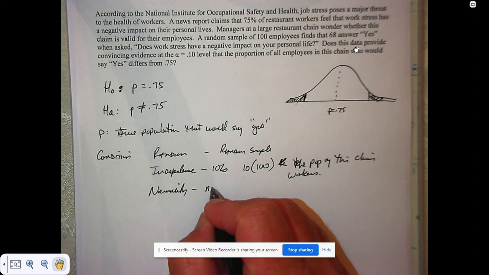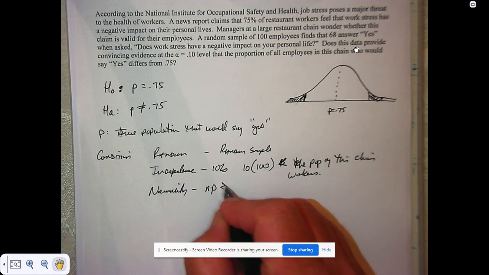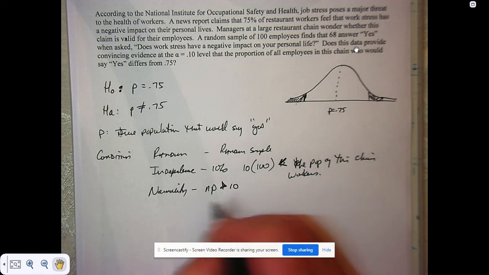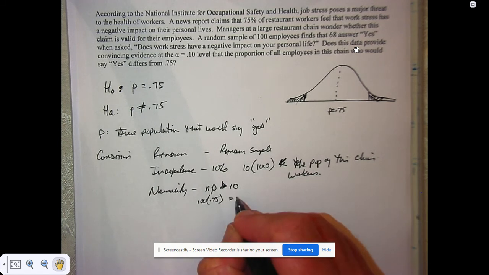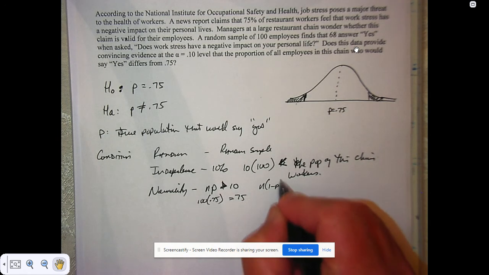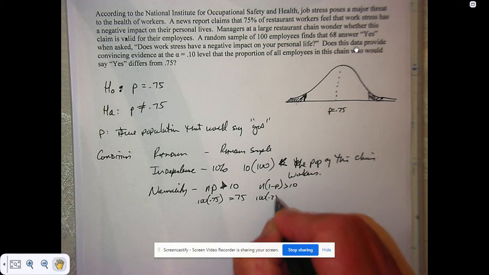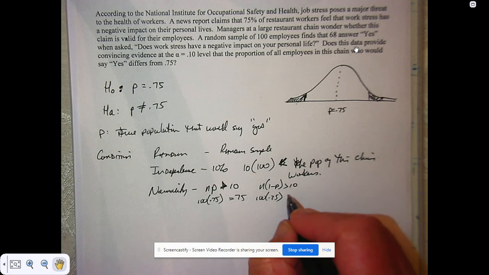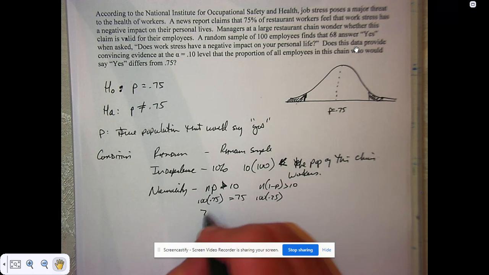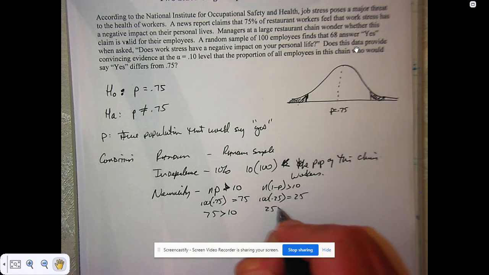Normality: sample size times the proportion has got to be greater than 10. Sample size is 100, proportion is 0.75, so that's 75. And then n times 1 minus p, it's got to be greater than 10 as well. 100 times 0.25 is 25, and that 25 is greater than 10 as well.